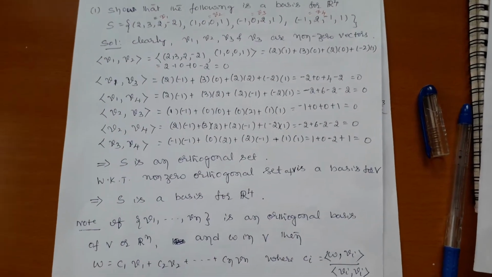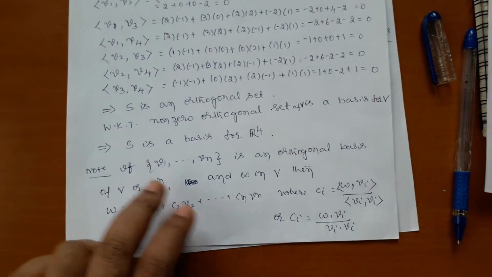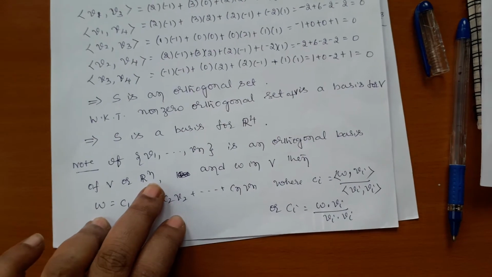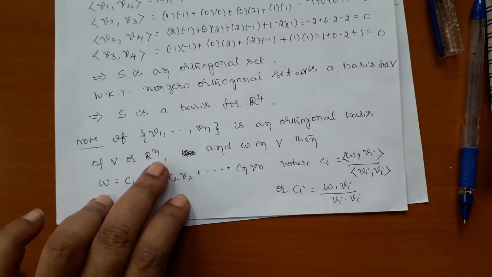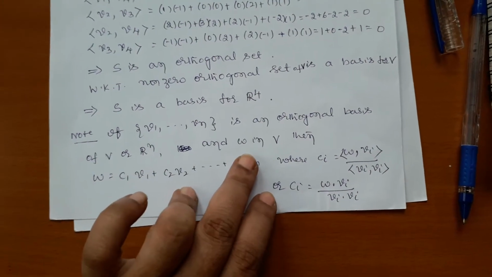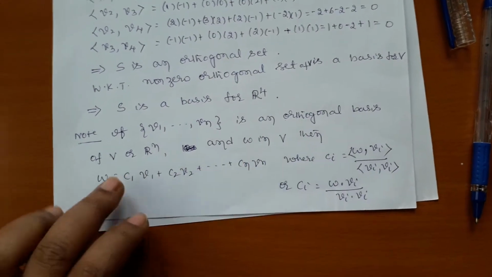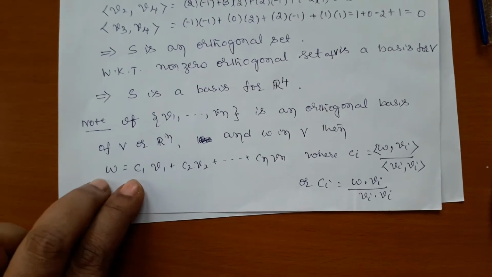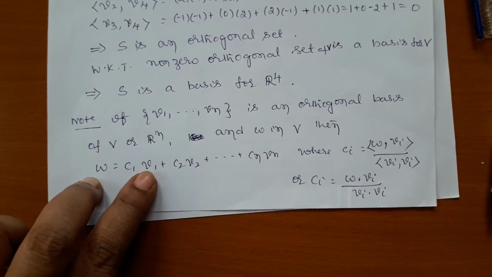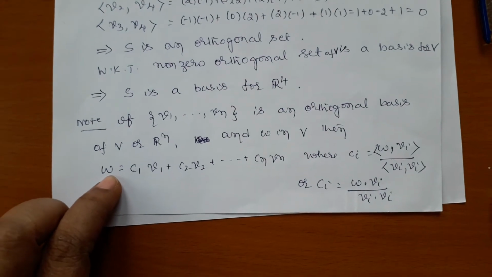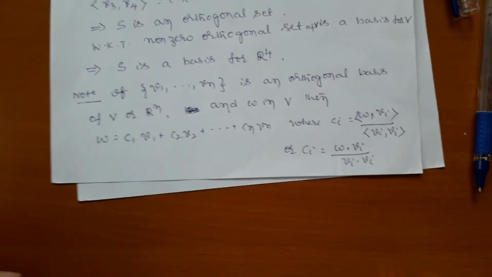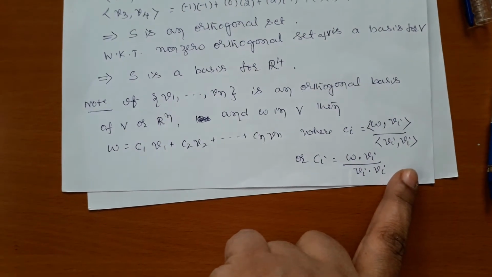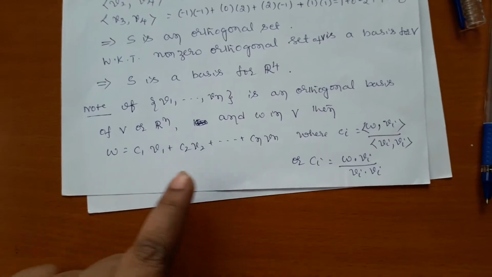Also, as written in the note, I told you in my previous video: if V1, V2, etc. Vn is an orthogonal basis for a Euclidean space with dimension n, and I choose any vector W in the vector space, then W can be written as C1 V1 plus C2 V2 etc. plus Cn Vn, where Ci is equal to the inner product of W comma Vi divided by the norm of Vi squared, for i equal to 1 to n.